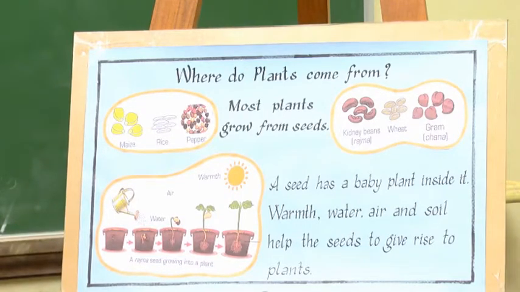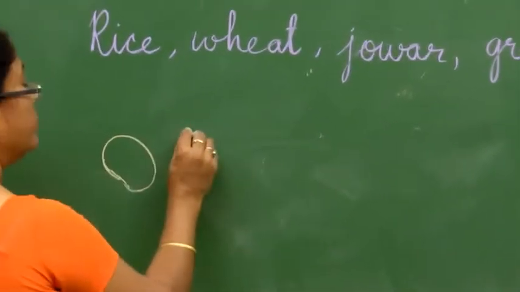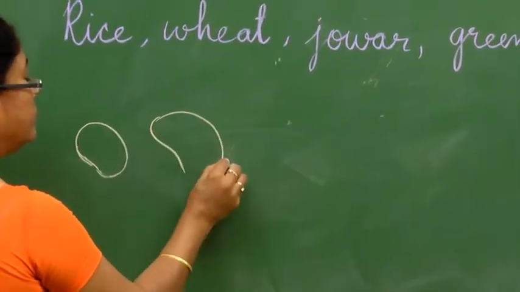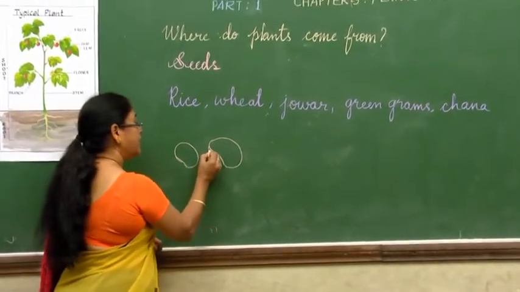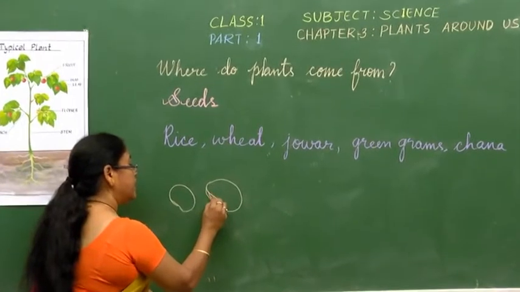See, this is the seed. When the seed is soaked with water, it will bulge, then roots start emerging.